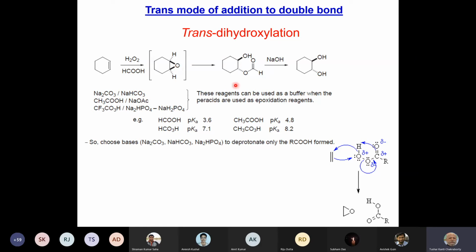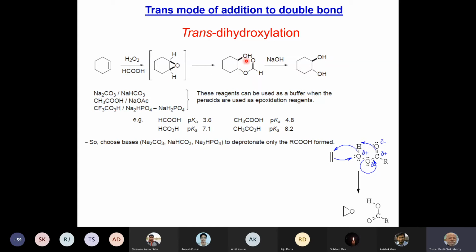And of course, if the reaction conditions are such that the acid remains in the solution, then it opens up the epoxide. What happens is you get a carboxylic acid as shown here at the bottom, and this carboxylic acid's H plus will react with the oxygen here, and then you get an O plus H, and then this carboxylate anion will be there, so that can open this epoxide.